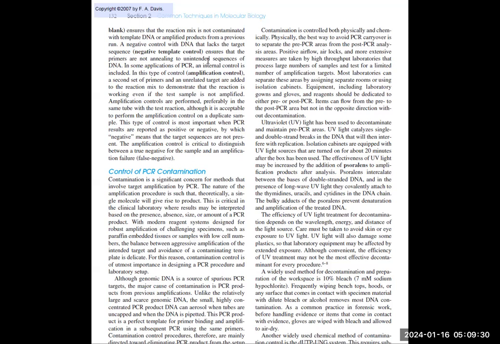We also have the internal control, or amplification control. It involves the addition of a second set of primers and an unrelated target, done to show that the reaction is working even if the sample is not amplified.